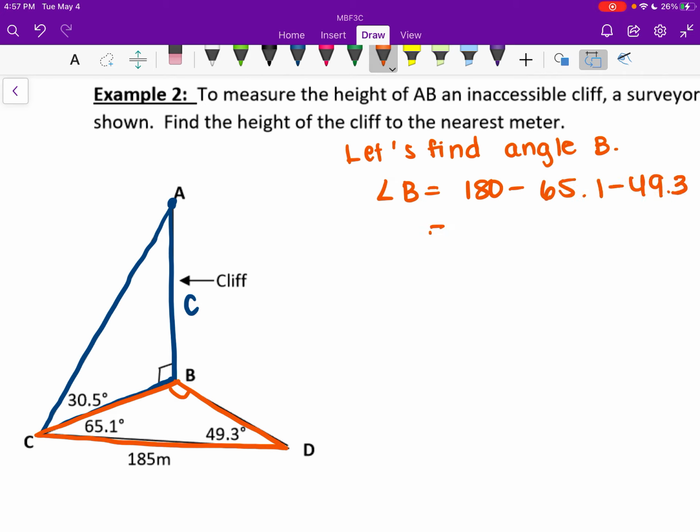And because I have 0.1 and 0.3, we're going to leave this to one decimal place as well. So the angle is going to be 65.6 degrees. So that's going to be our angle over here. It's going to be 65.6 degrees is angle B.